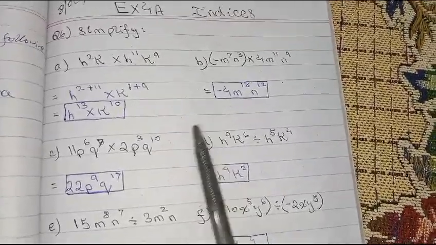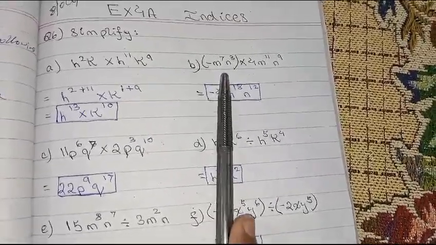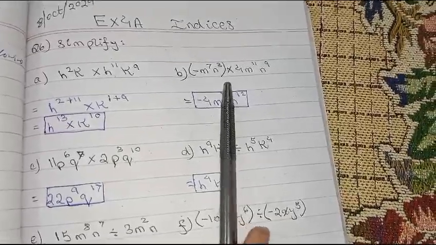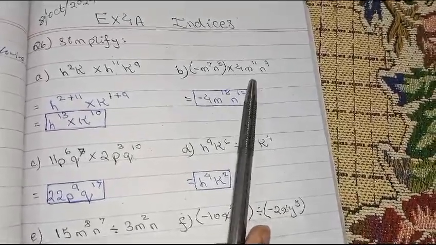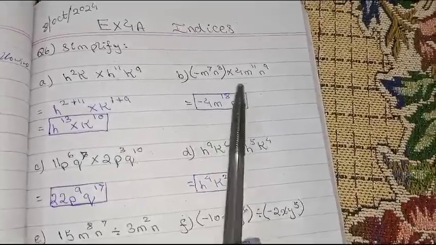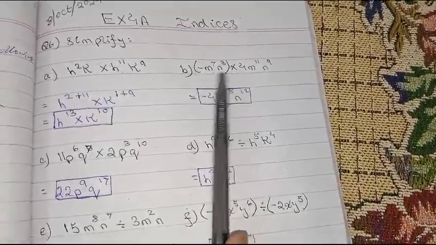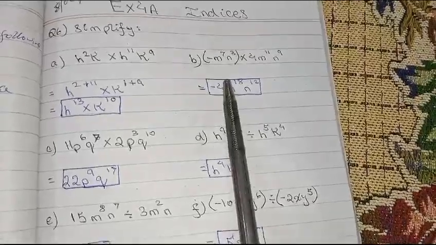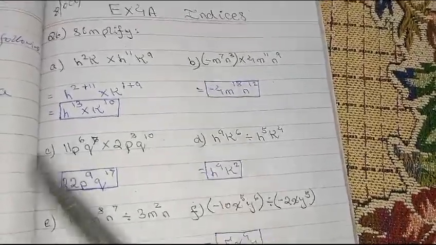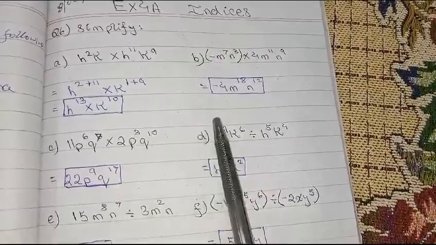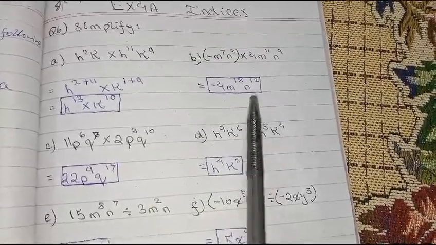Moving on to the second part: minus m power 7 n cube multiplied by 4 m power 11 n power 9. So we will multiply minus 1 by 4, so minus 4m, and when the bases are the same we can add the powers. So minus 4m power 18 n power 12.